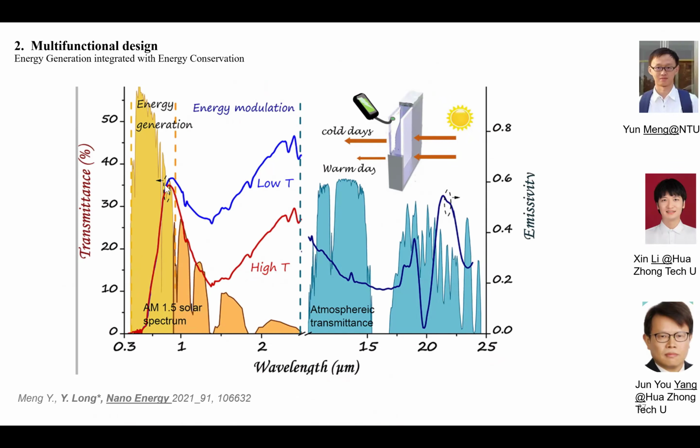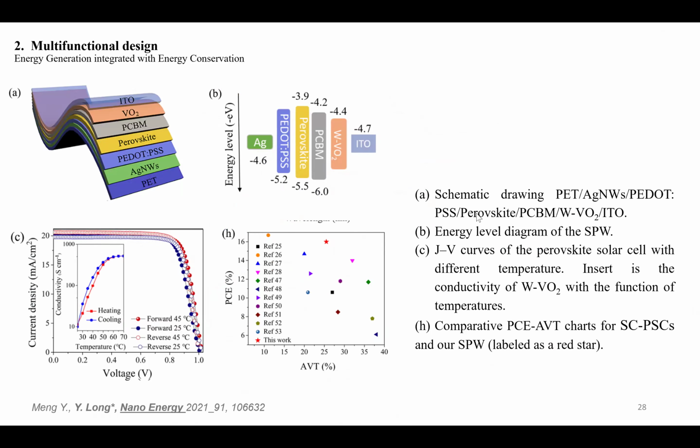We use the visible region to do the energy generation. From near infrared, we have this energy modulation. This is winter, this is summer. And from 2.5 to 25 microns, the long wavelength infrared, we have a low E coating to make the insulation. So this is the first multi-spectrum design.